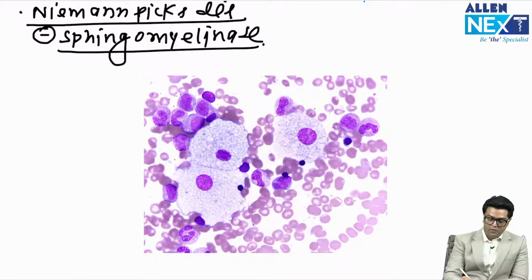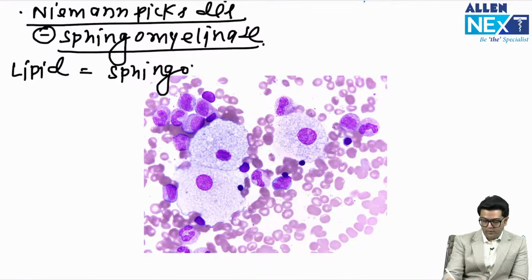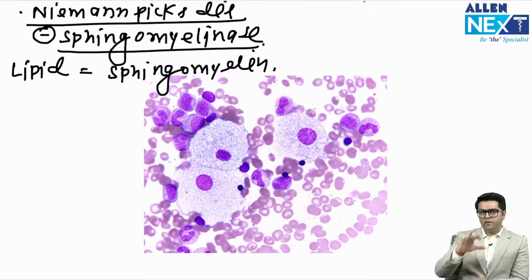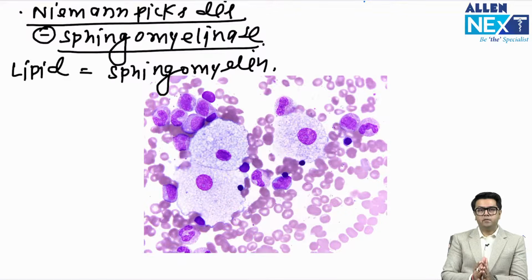So what is the name of the lipid accumulated? The lipid accumulated is sphingomyelin. When the question starts with lots of clinical points that I'm unable to recall, ultimately what I remember is that they have mentioned accumulation of sphingomyelin in the lysosomes.